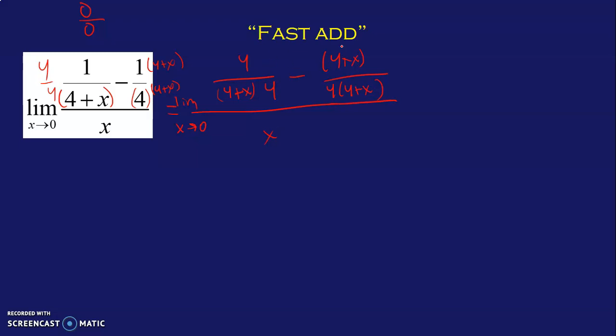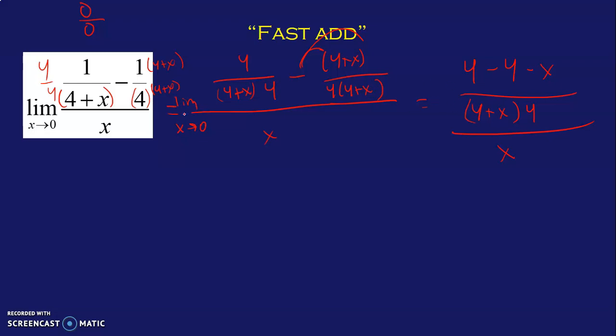Now I can combine on the top, because I have a similar denominator in the numerator of my whole fraction. I'm going to distribute this negative, so I'd have 4 minus x over 4 plus x times 4 over x.